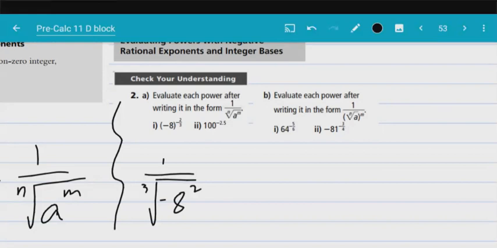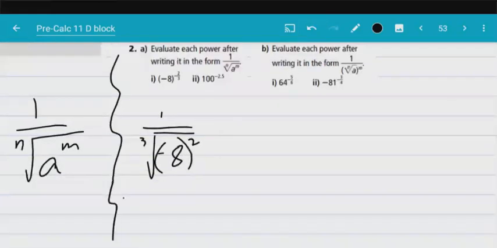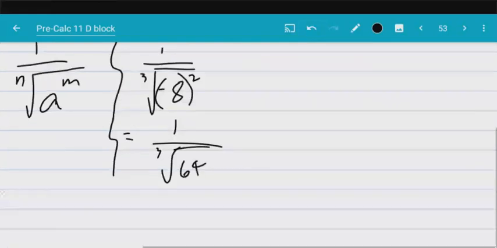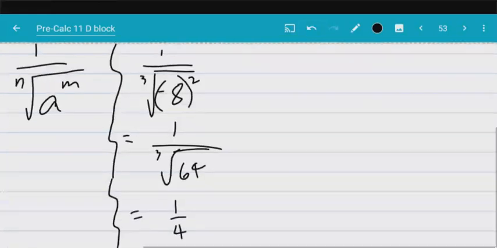Well, it becomes one over the cube root of 64, and the cube root of 64 is 4. So there's your answer.